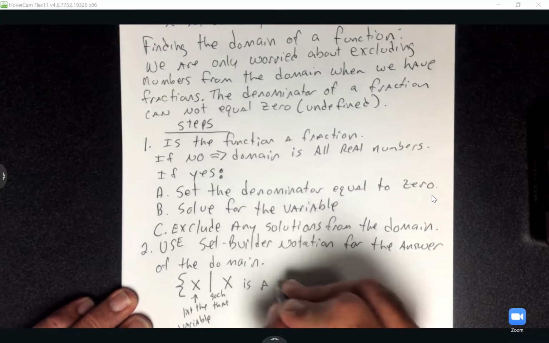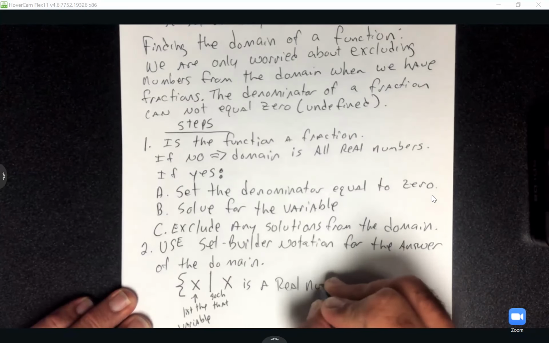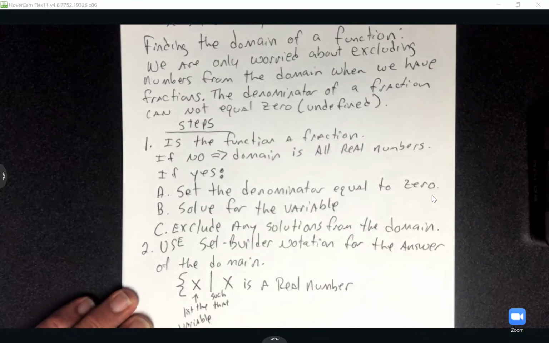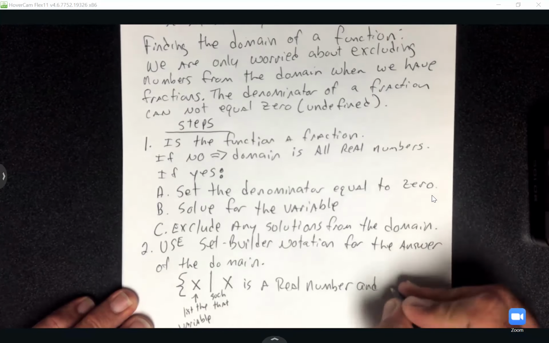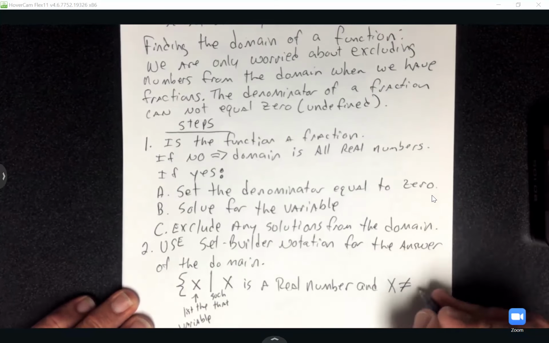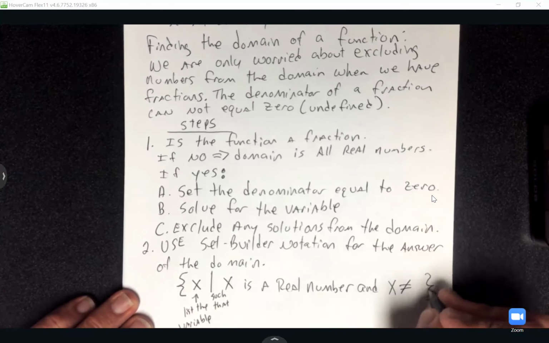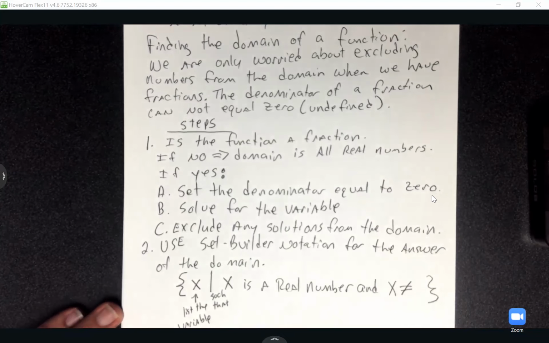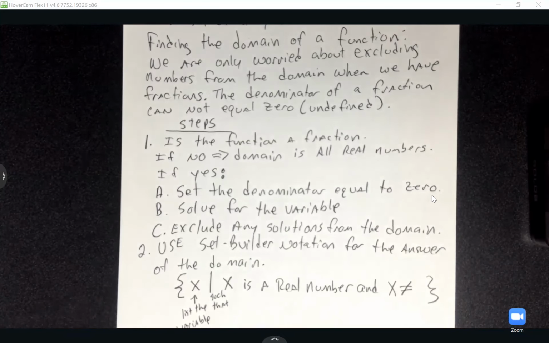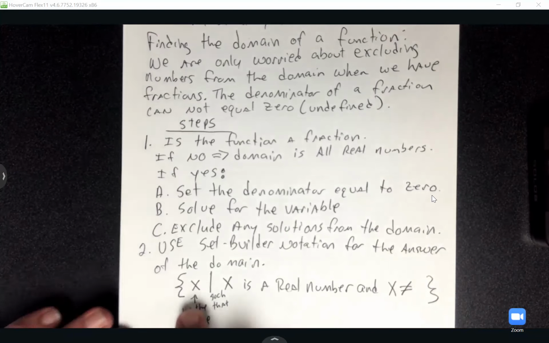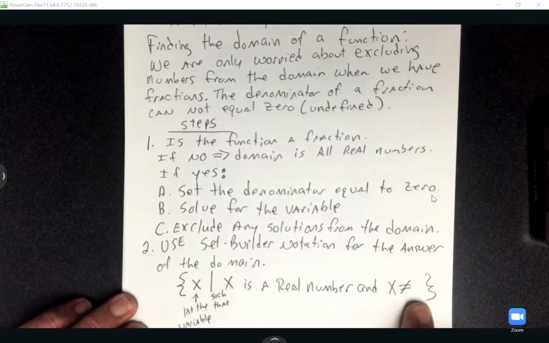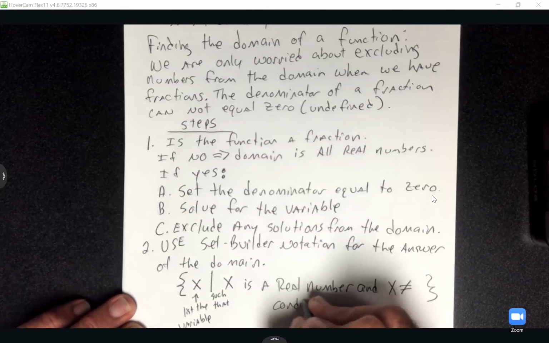X is a real number. Now, if you don't have a fraction, you would be done there. X is a real number. But if you do have a fraction with the variable in the denominator, then we'll have X is a real number and X is not equal to whatever number we get. So you list the variable such that, and then you list the conditions. So this is the conditions.